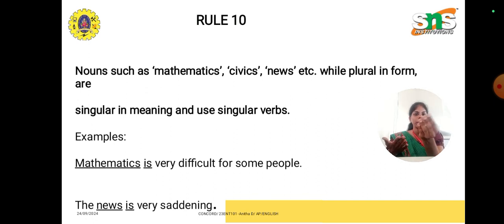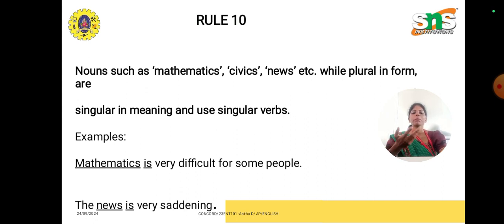For example, mathematic, civic, news. If you cut that s, it becomes new. The meaning of the word will be changed. New is different and news is different. So you are supposed to know that mathematics, civics, news, all those things should take the singular form of the verb.